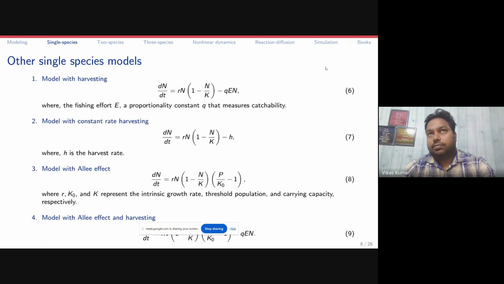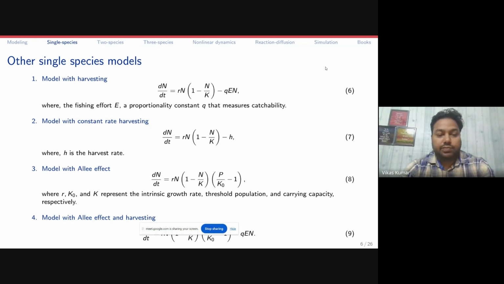However, in biological populations, there are so many single species models you can see. Like a model with harvesting, or a model with constant rate harvesting, or a model with the Allee effect. I'm not going into that many biological terms, but I'm just showing you how these kinds of models are proposed and what these equations look like.